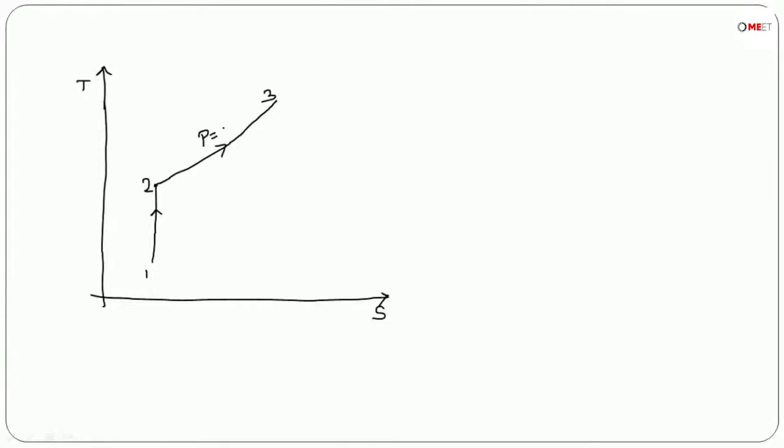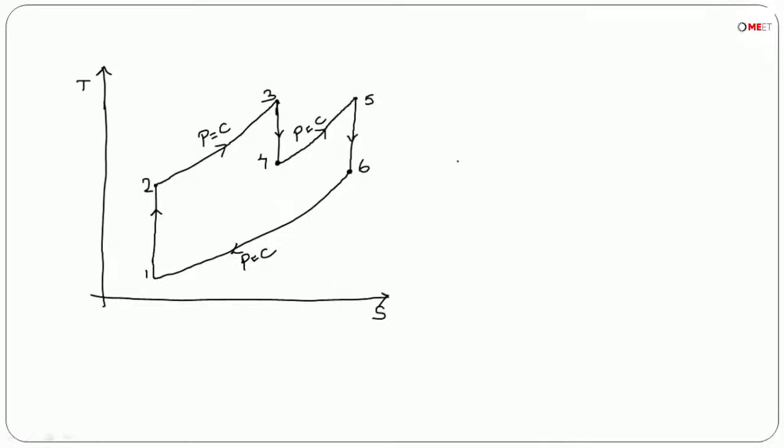Then 3 to 4 is isentropic expansion in the high pressure turbine. Then 4 to 5 is reheating in the reheater. This is constant pressure reheating. And 5 to 6 is isentropic expansion in the low pressure turbine. And 6 to 1 is constant pressure heat rejection in the heat exchanger.